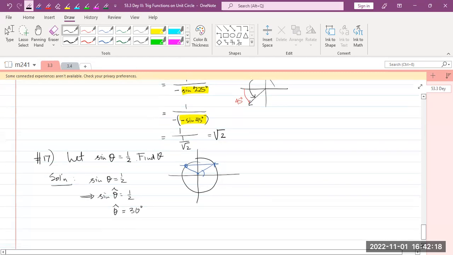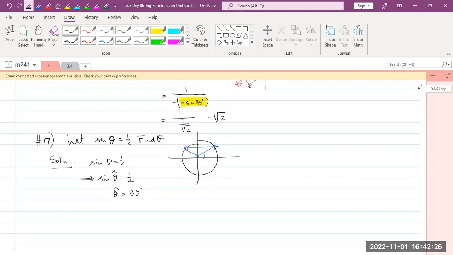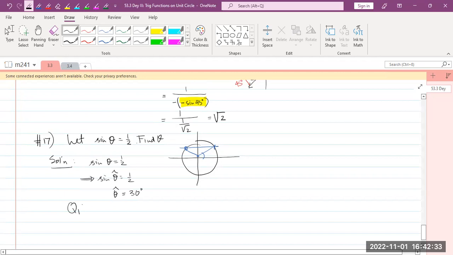Now then, think of the angle with reference angle 30 degrees where sine is positive. Sine is positive in quadrant 1 and quadrant 2. Okay, so in quadrant 1, theta must be just the reference angle equals 30 degrees, right? But in quadrant 2, the angle is 180 degrees minus that reference angle. Okay, these are the answers.